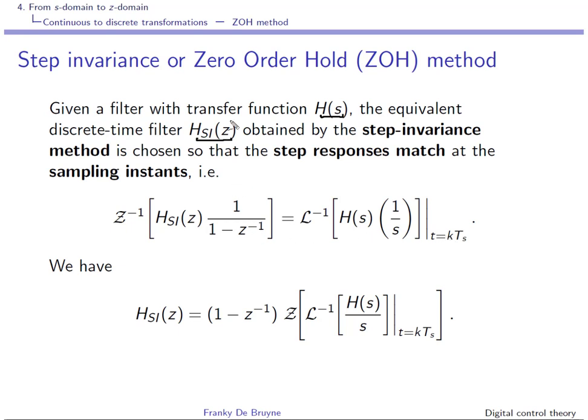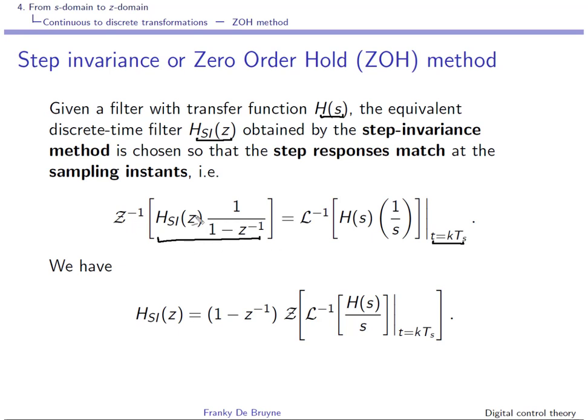So the step response associated with this one is really, well, you have to multiply by the Z transform of a unit step, right? So this is the step response in the Z domain, and you take the inverse Z transform. The step response associated to the transfer function in S, well, you multiply by 1 over S, take the inverse Laplace transform, and then they have to match at the sampling instance, right?